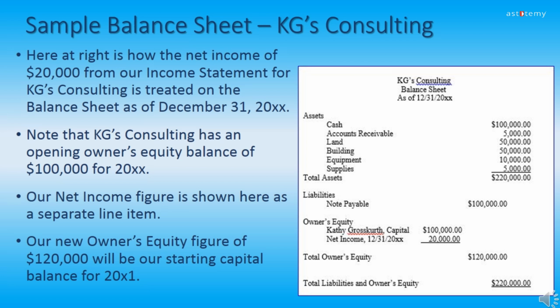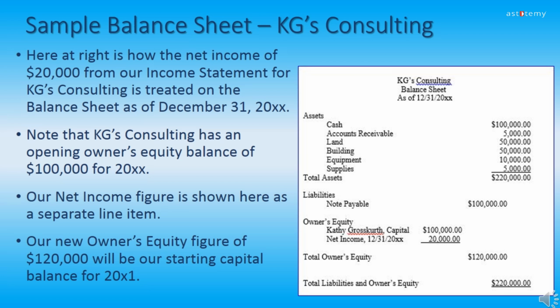For a sole proprietor business, the net income figure will be integrated with the capital balance as of January 1st, 20X1. As you can see in our balance sheet example, the net income figure of $20,000 increases Kathy Grosskirth capital from $100,000 to $120,000, which is the $100,000 starting owner's equity balance plus the $20,000 net income balance.